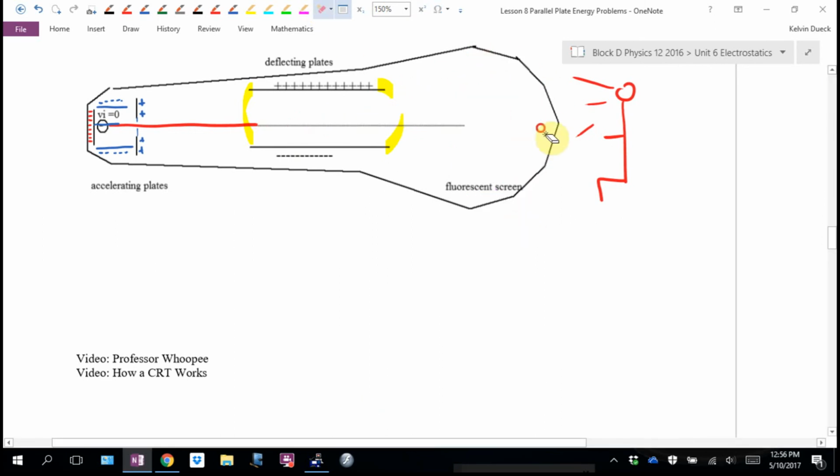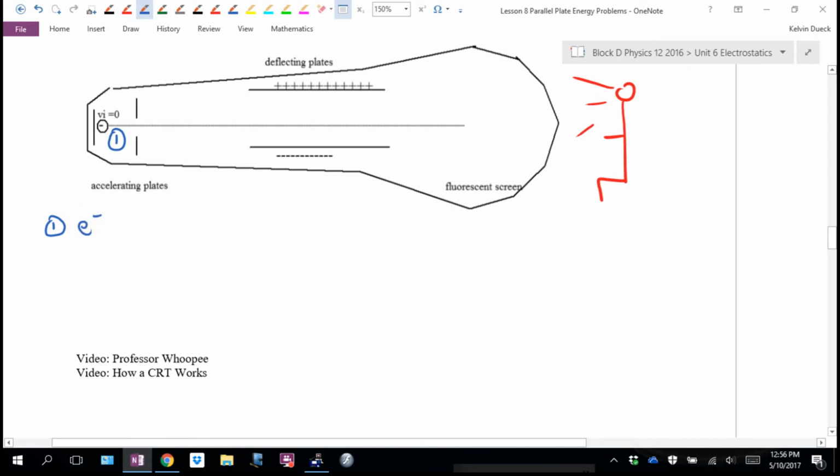So if you want to, you can draw a little stick figure of somebody watching, just to let you know we're talking about the image that you see on that end. And then what I'd like you to do is put a number 1 with a circle around it right there. This is the first thing we're talking about. That's location 1. Location 1.